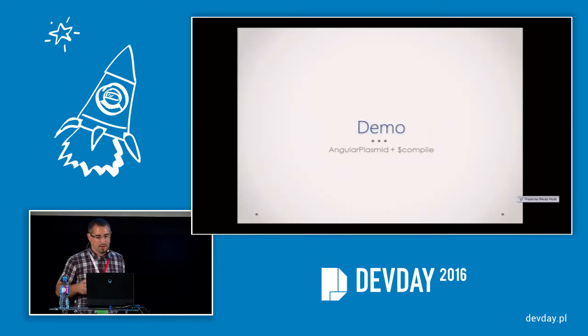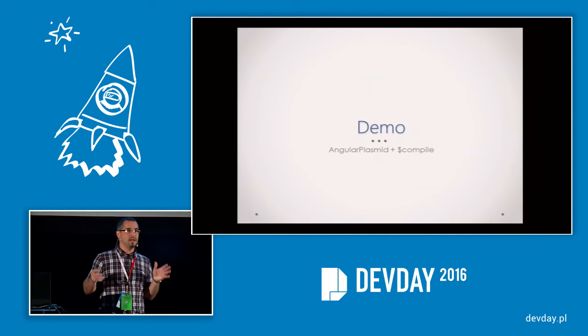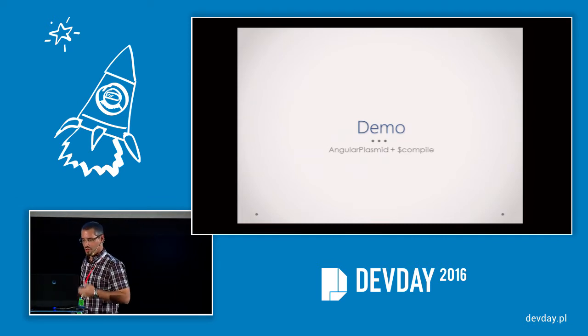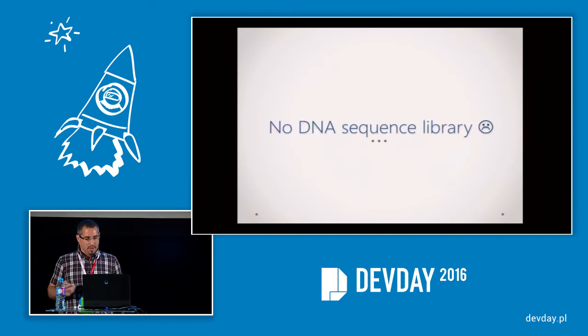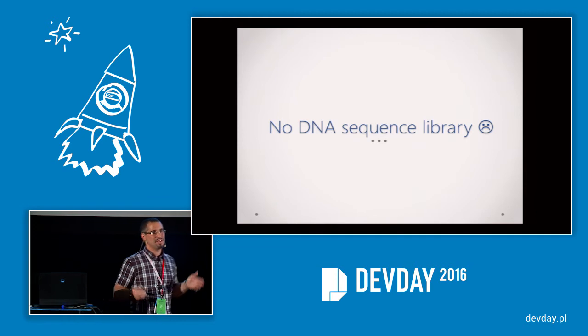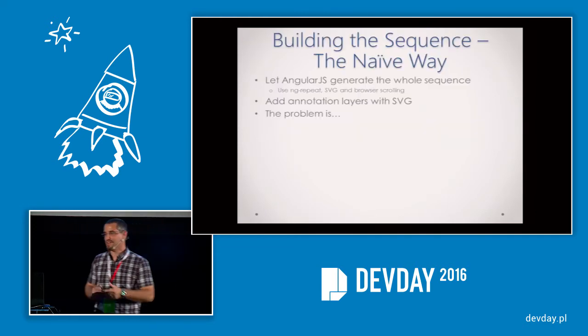Okay. So we saw Angular Plasmid and the compile, and we have a hint of how to create our visual genome visualizer. But here is the big but: there was no DNA sequence library. I had to create it by myself.